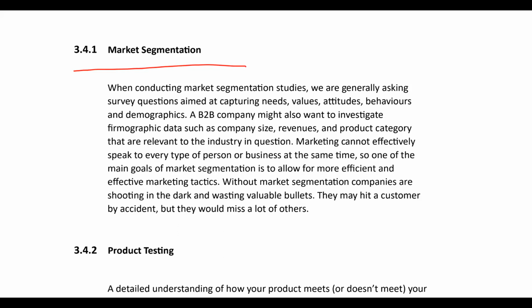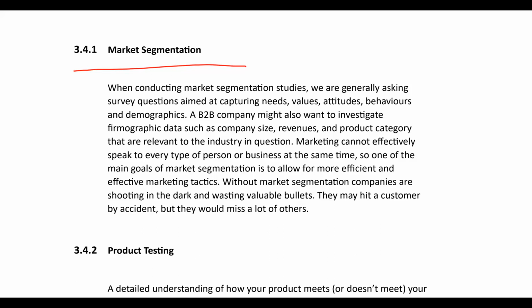A company might also want to investigate firmographic data, such as company size, revenue, and product category that are relevant to the industry in question. Marketing cannot effectively speak to every type of person or business at the same time. So one of the main goals of marketing segmentation is to allow for more efficient and effective marketing techniques.